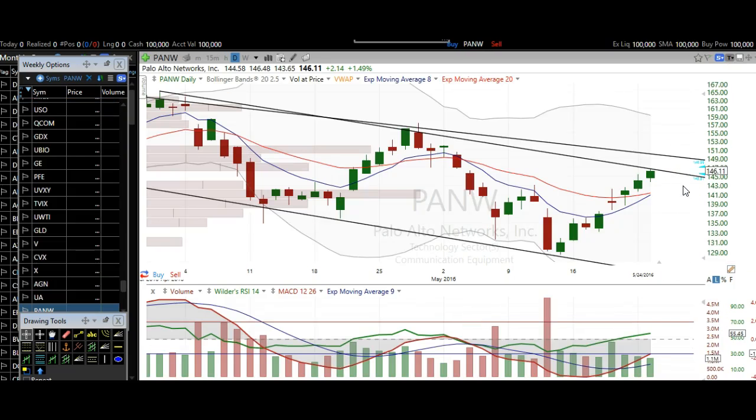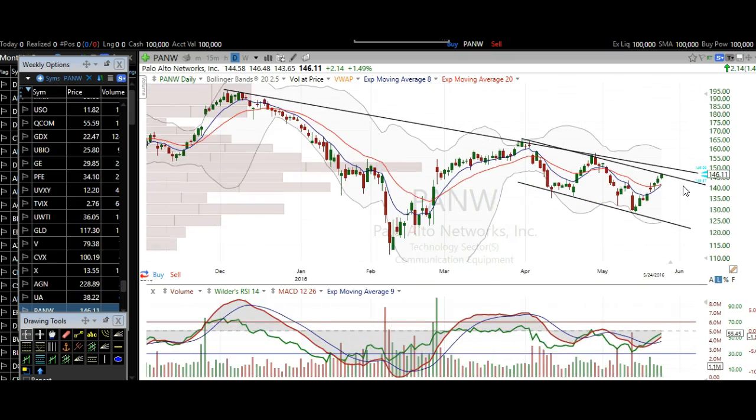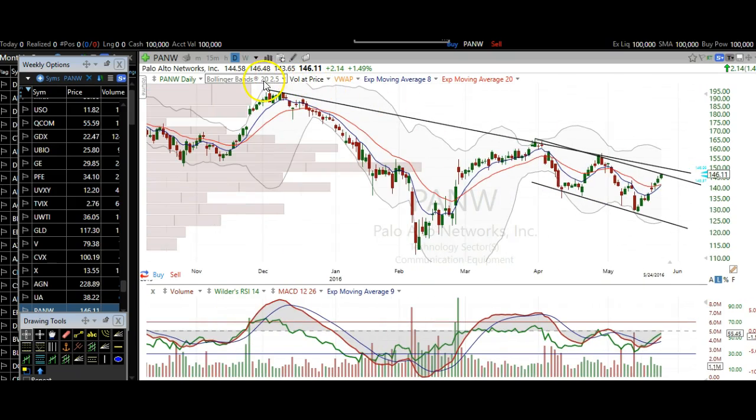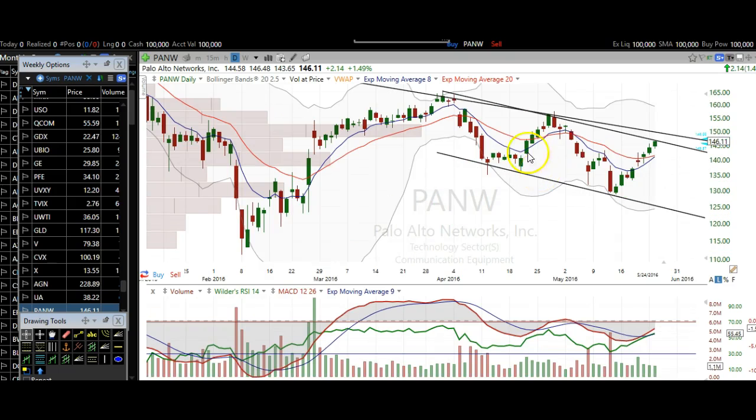Next, I want to cover Palo Alto Networks. We've got this major downtrend line. We've got a few touches here, a few touches here, a few touches here, and that's just right overhead, right above us. And then we also have this shorter term channel right here, starting from these highs to these highs, and we're right at it right now.